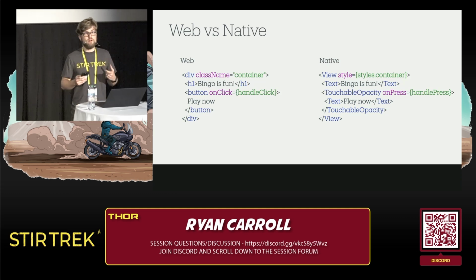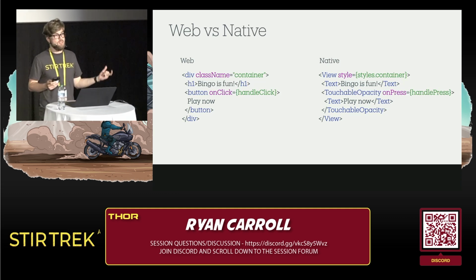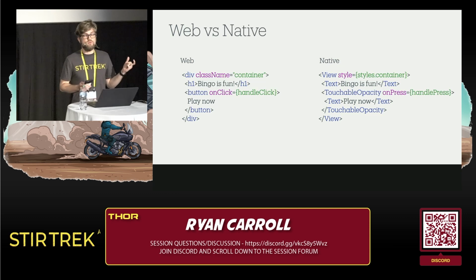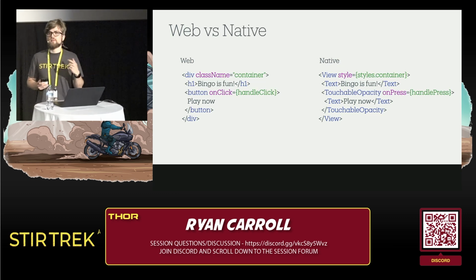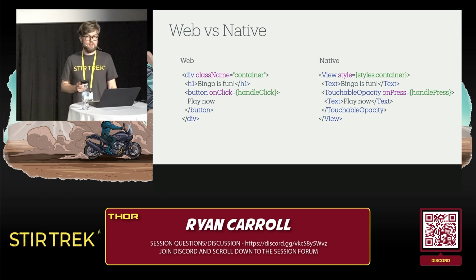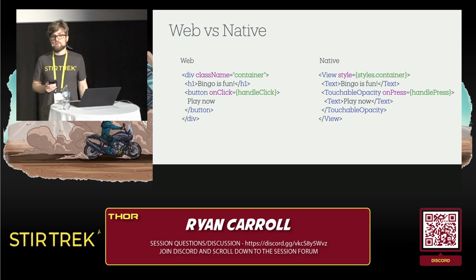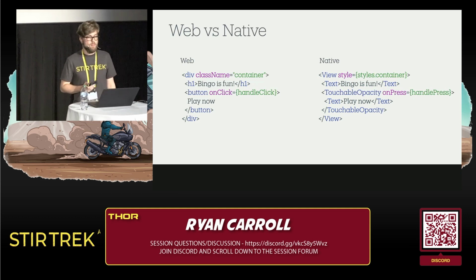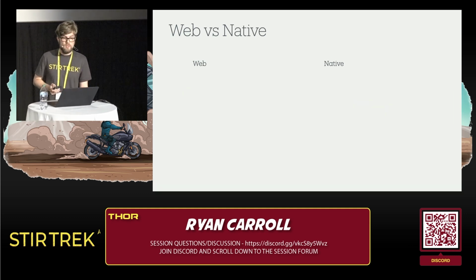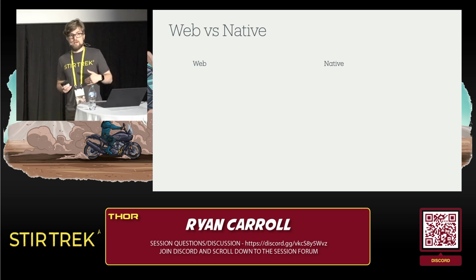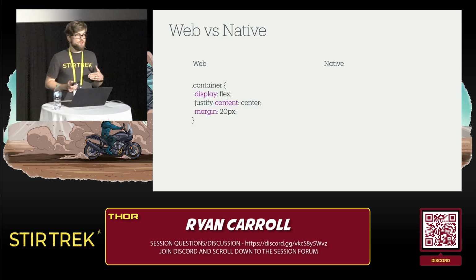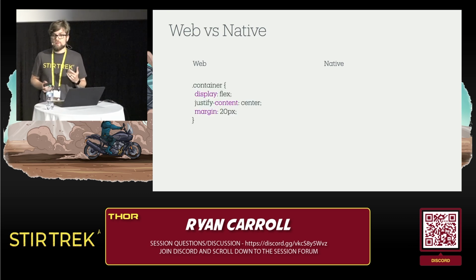But it's very, very similar to what you would see on the website. It's just using slightly different components and slightly different properties on those components that you send to them, but very familiar code.